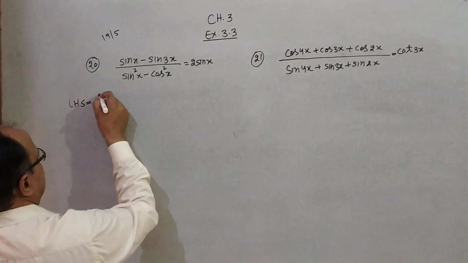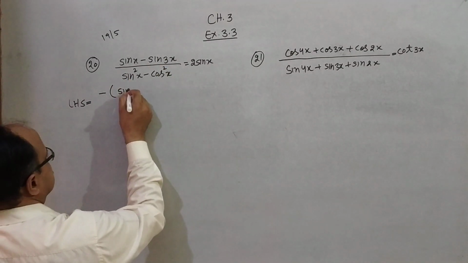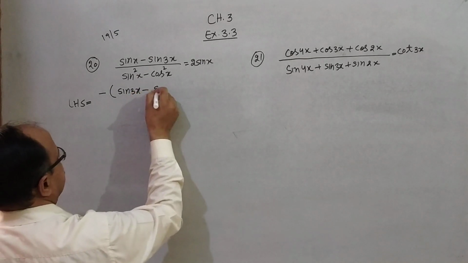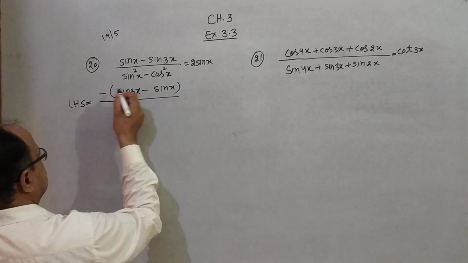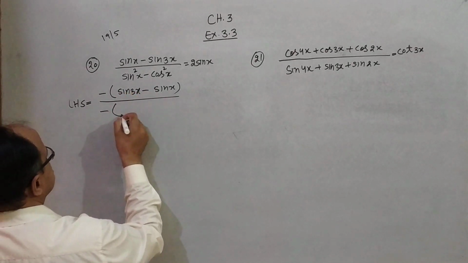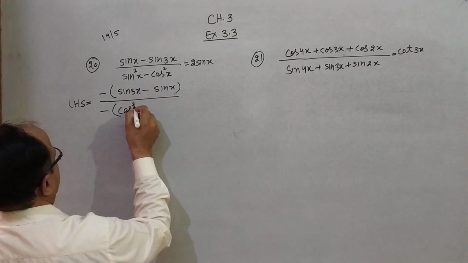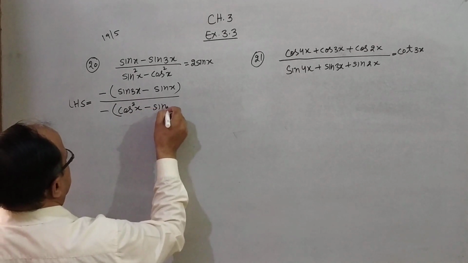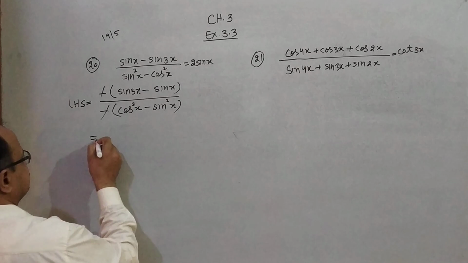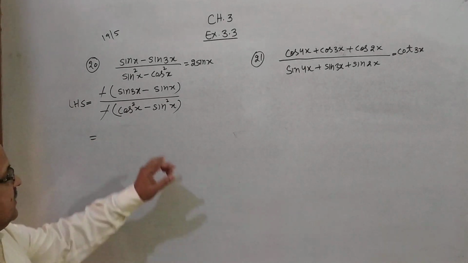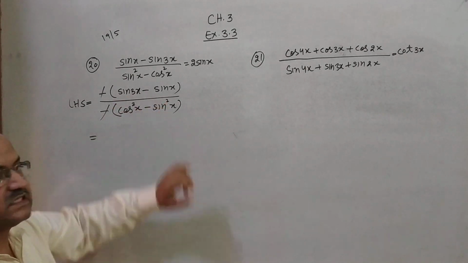Take common minus. It will become sin 3x minus sin x, and here in the denominator take common minus, cos square x minus sin square x. Minus to minus cancel, and you know very well the formula sin x minus sin y.